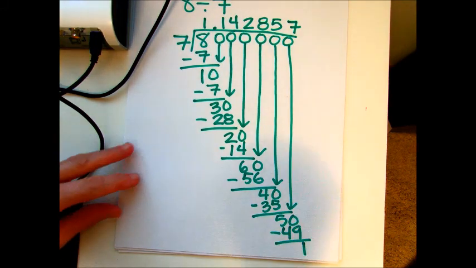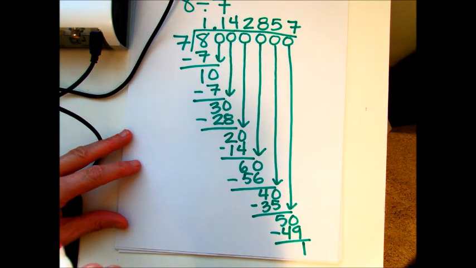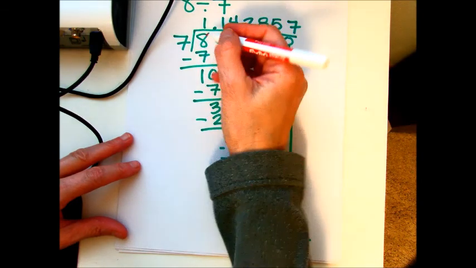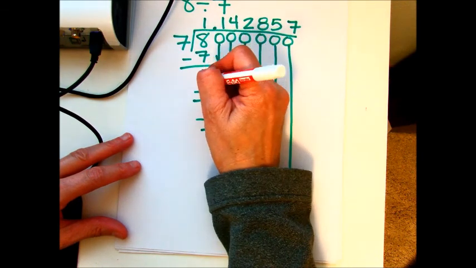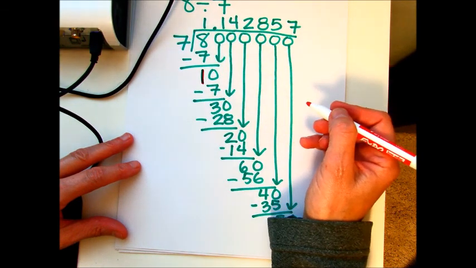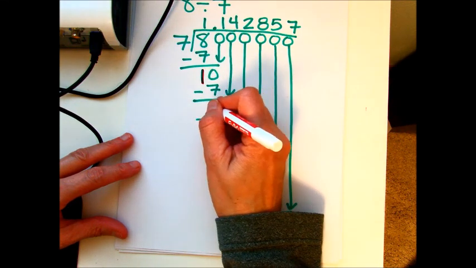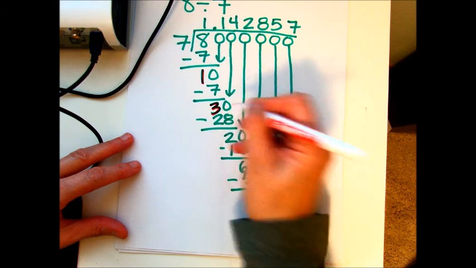So I'm going to go ahead and, with my red pen, mark over the remainder amount before I added the 0. So on my first problem, I had a 1. Then I subtracted and I came up with 3. And then I added the 0.